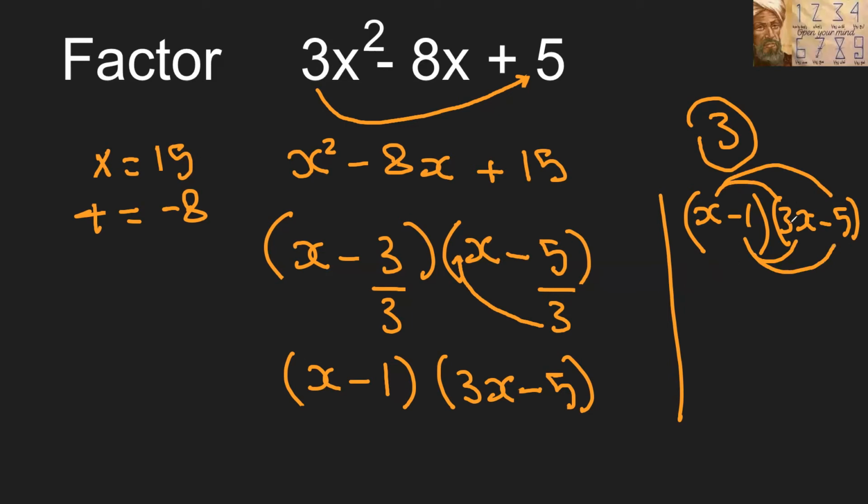So x times 3x, you're going to get 3x squared. x times negative 5, you're going to get negative 5x. Negative 1 times 3x, you're going to get negative 3x. And negative 1 times negative 5, you're going to get plus 5. Now collect like terms: minus 8x there and plus 5, which is exactly that.